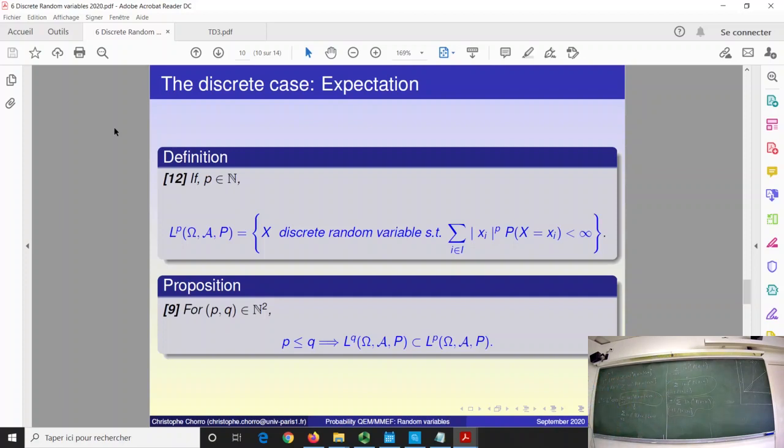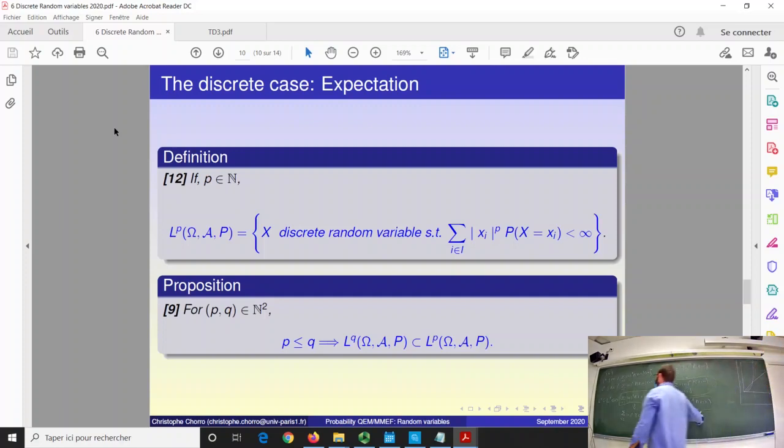So, I want to use this hypothesis here. If the numbers are greater than 1, I know that I am in the situation x squared, x cubed: the bigger the power is, the bigger the number is.